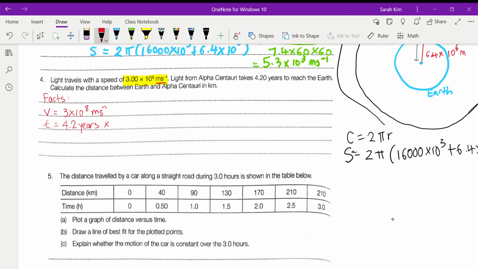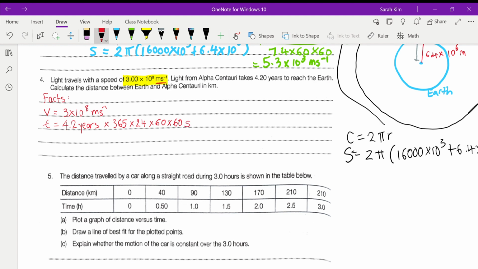So every year is 365 days, so you will start there. Next, you times it by 24 to get hours, because one day is 24 hours. One hour is 60 minutes, so I times it by 60, and then I times it by 60 again because 1 minute is 60 seconds, so that converts it to seconds.